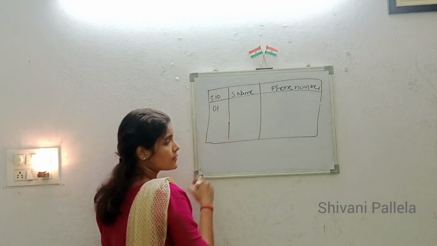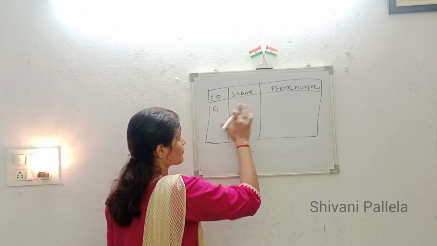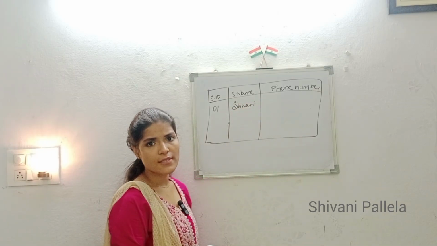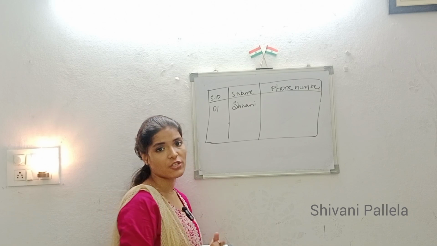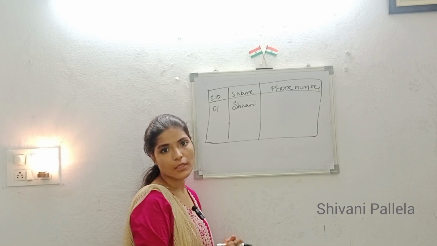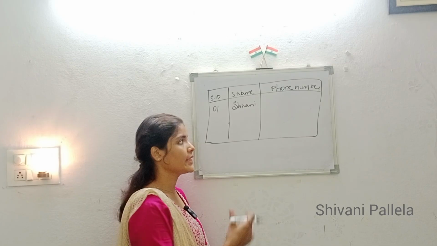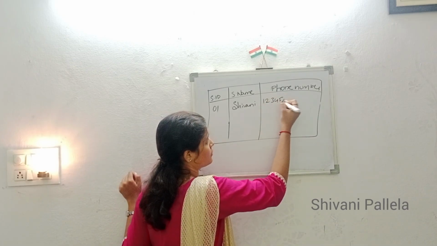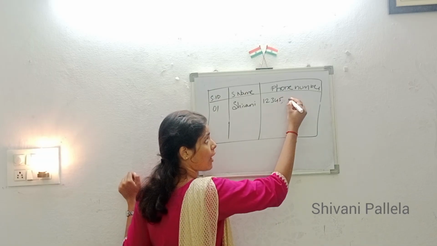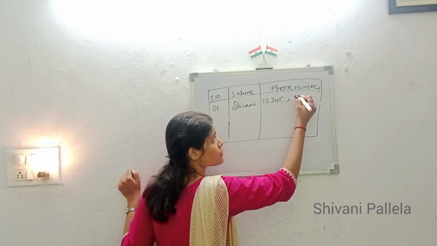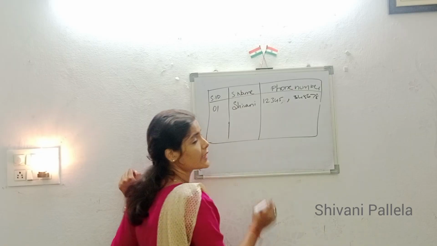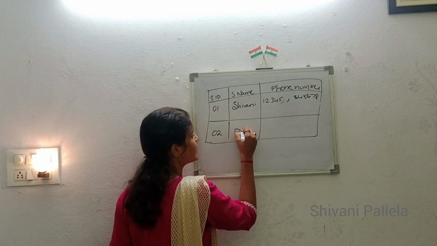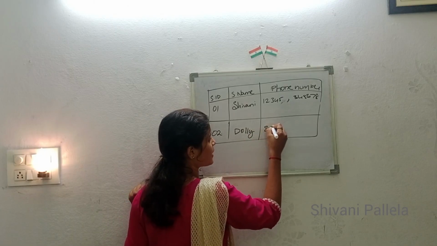Student ID is 1, her name is, for example, Shivani. It's not a condition that a student should not give two numbers, right? He may give two numbers. For example, I give one number and here I keep a comma and give another number also. Student number 2, her name is Dolly, and she has only one number.